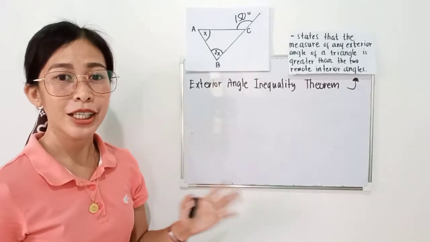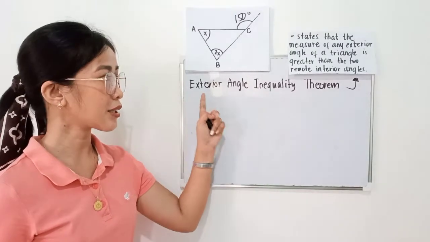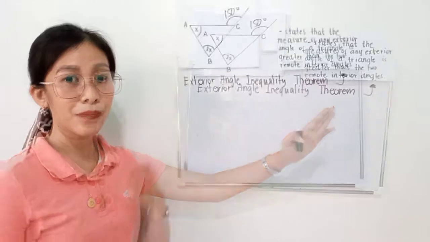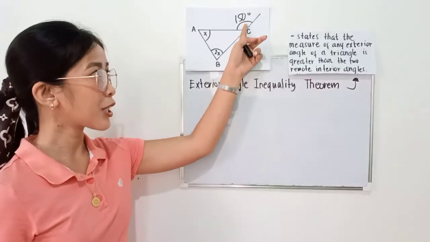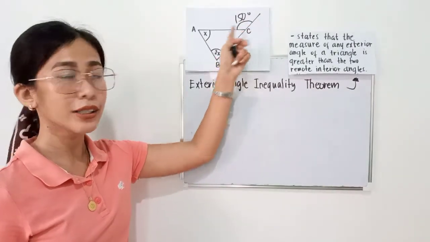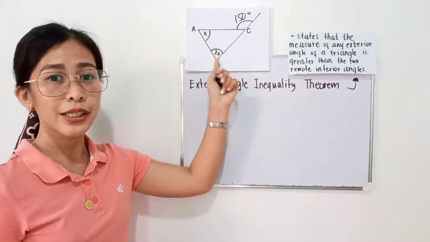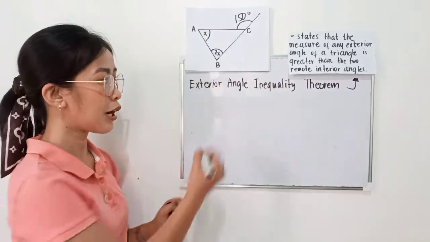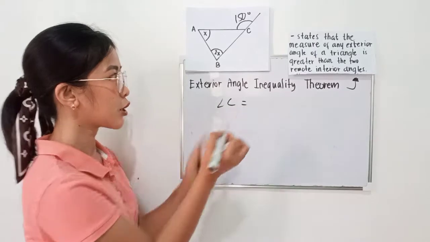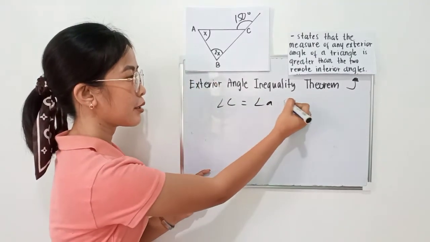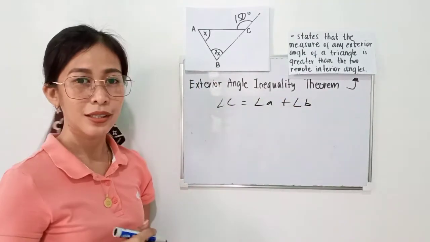So, i-apply natin yung mga statements regarding the exterior angle inequality theorem. Diba sabi ko kanina, ang measurement po ng exterior angle is equal to the sum of its remote interior angles. Therefore, we have angle C is equal to angle A plus angle B. Alright?